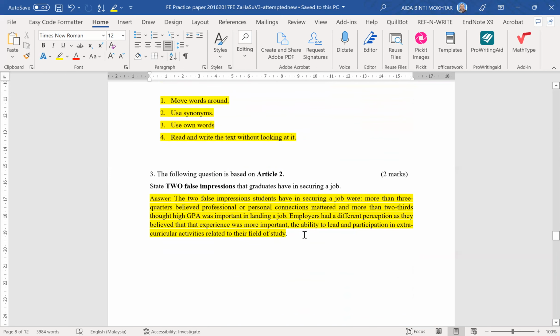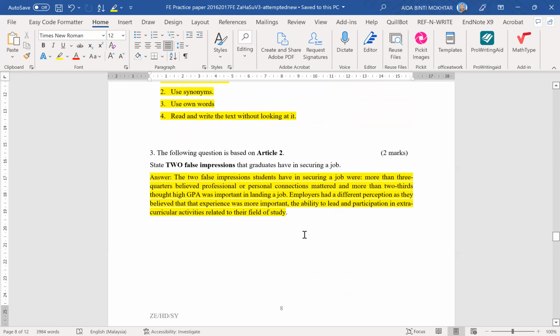Okay, so the 2 false impressions that graduates have in securing a job. These are the impressions. The students seem to think that these are what is needed.